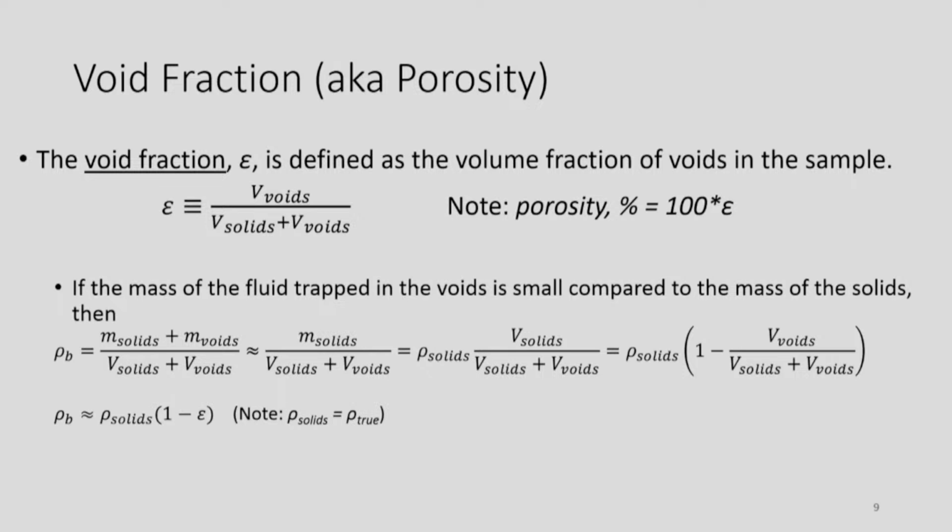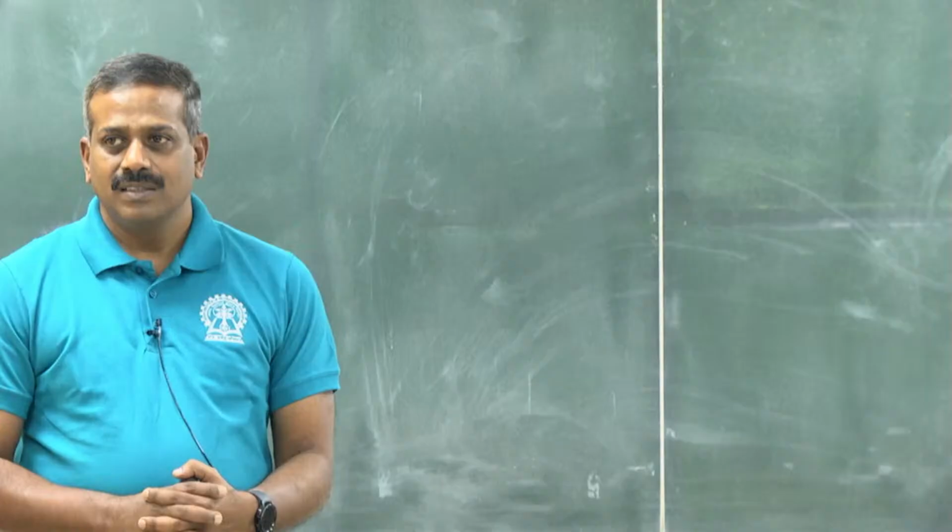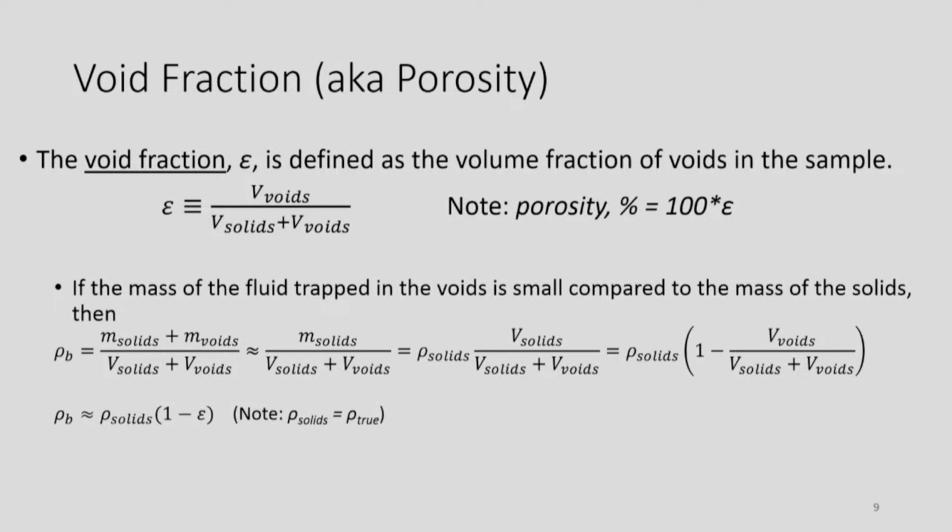Sometimes your void fraction is given as volume of voids by volume of solids. The volume of voids over total volume is called porosity. And when it's void fraction, it's volume of void by volume of solid. We use that usually.